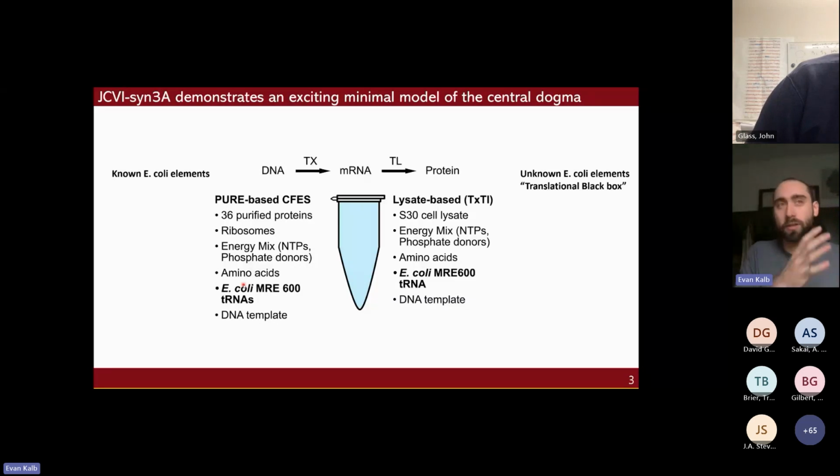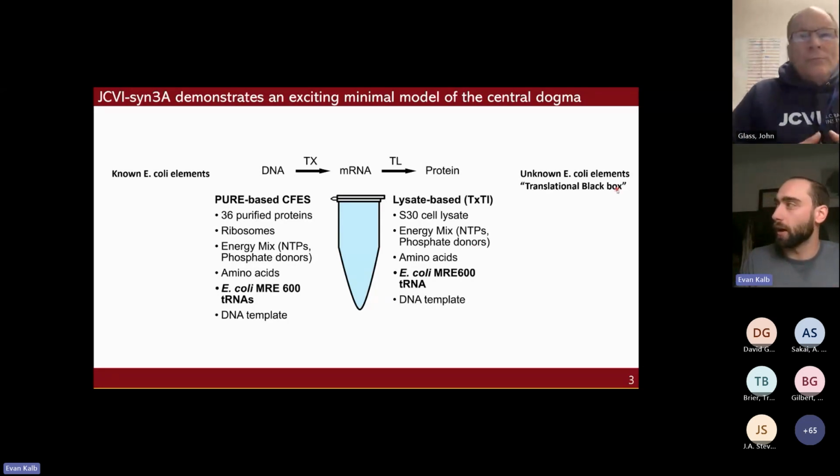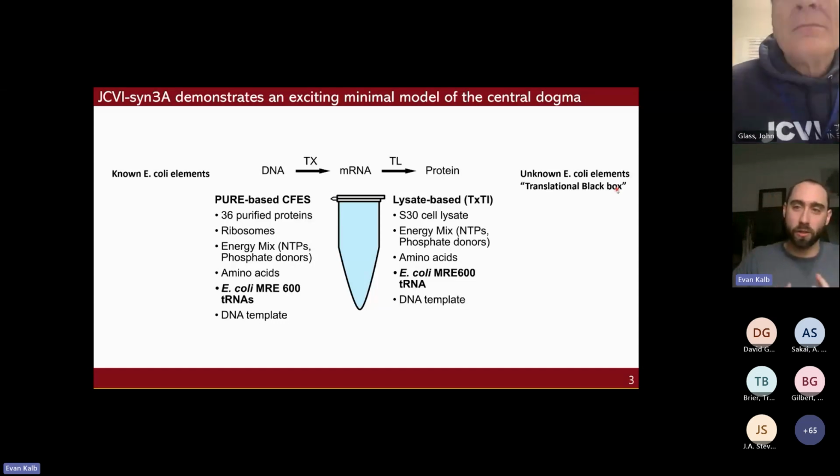And then the most complicated version of E. coli within an in vitro environment, at least, is a lysate-based system where you crack open the E. coli and use its native cellular machinery to do virtually the exact same thing, but it's a little bit less known. We think of this as a translational black box.